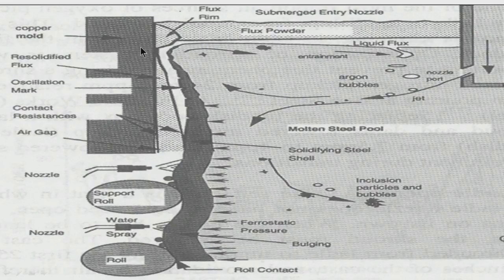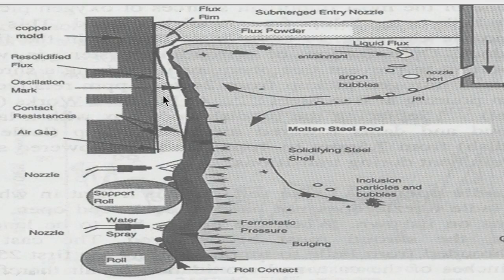All of you are aware that the casting mold is not stationary, it is getting movement like this. There is a vertical movement, top and bottom. Otherwise, there is a possibility of sticking of the shell. This is the solid shell which is forming during solidification. It might get stuck.